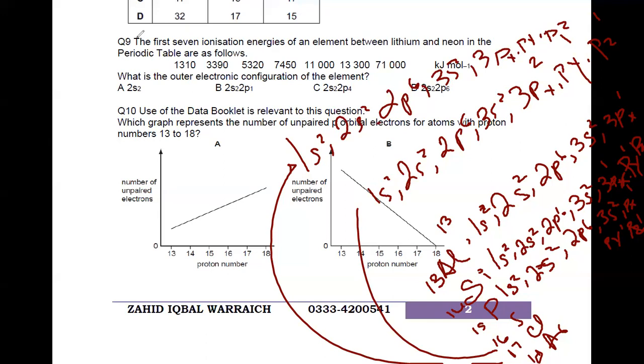Okay. Remember this, Aruj, X, Y, and Z, they can have a maximum of 2. So you can have 2 in X, 2 in Y, and 2 in Z. And then 2, 2, 2 becomes total of 6. So the p orbital has total 6.